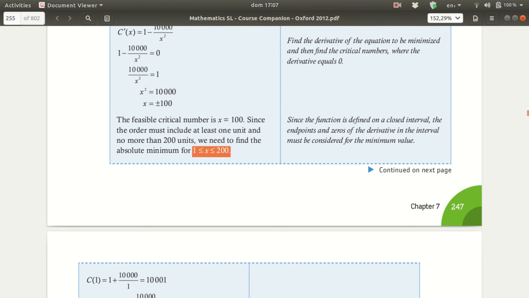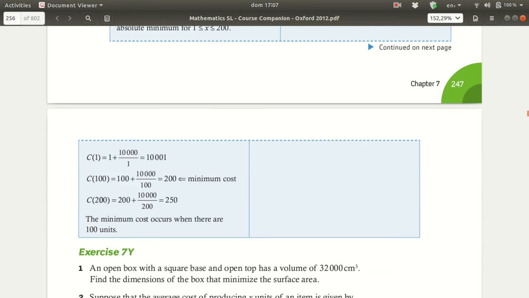And if we remember from our previous video, that means that we have to compare the relative minimum with the endpoints to see if there's an endpoint that is lower than our relative extreme. So here we can evaluate our function at the critical point and at the endpoints. So when we have 1 unit, which is our first endpoint, we have a total of 10,001 as our cost.